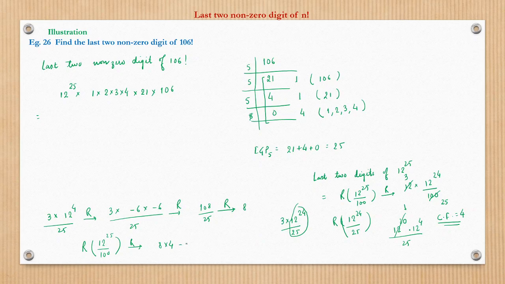So this becomes 32. This was the concept of remainders which we had already seen. So 32 into 2 3 is 6, 4 is 24, into 21 into 06, right? You can multiply these with each other, and then you will get the last two digits as 68. So this is the process by which we solve questions of this nature.